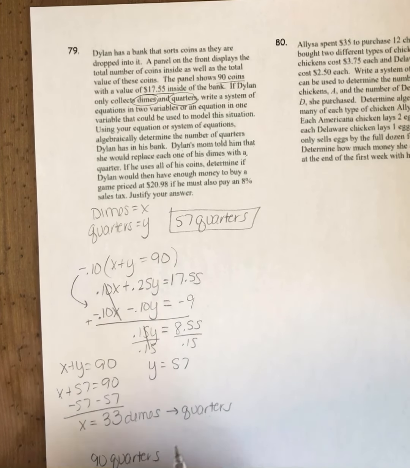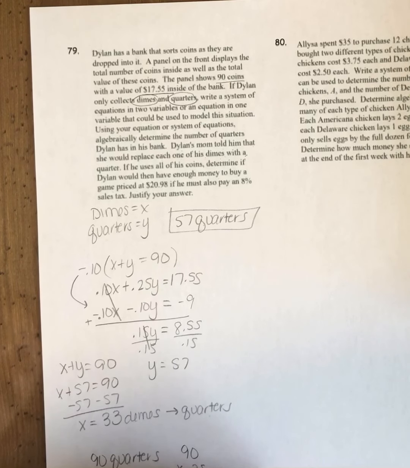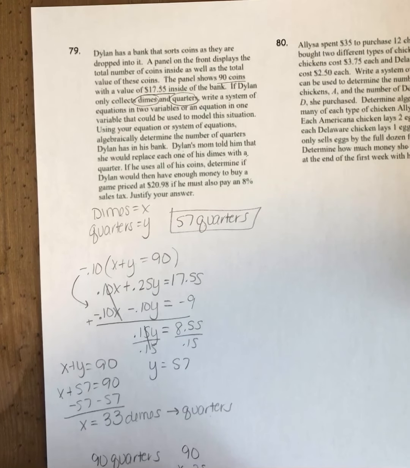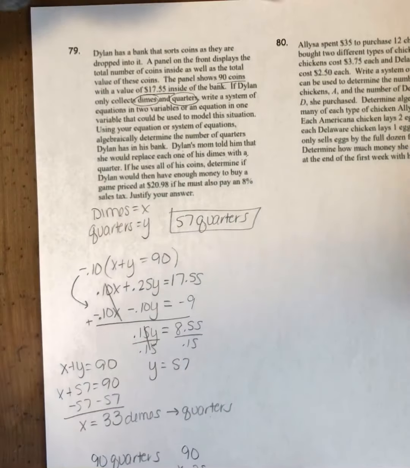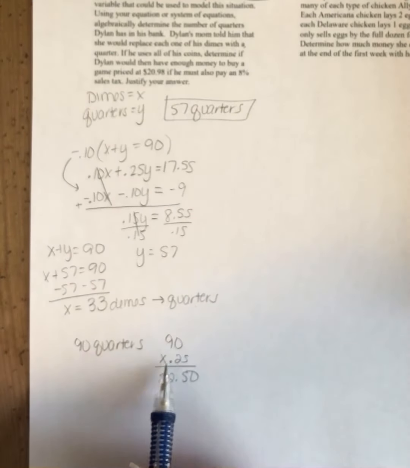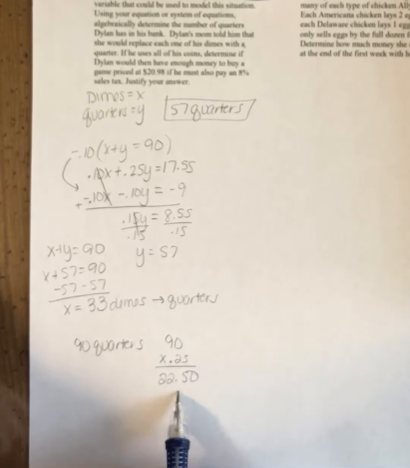So how much money would he have? Well, 90 quarters times 0.25, what each quarter is worth, gives us $22.50. Oops, sorry, I didn't realize that you were running out of room. Let me move this up. There we go. So the 90 times the 25 cents gives us that.